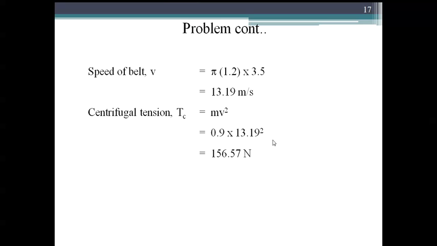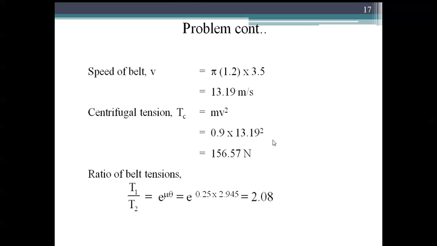After finding the Tc, we need to find the power transmitted by the belt. Here the ratio of belt tensions T1 by T2 equal to e power mu theta, where mu is 0.25 and theta is 2.945.